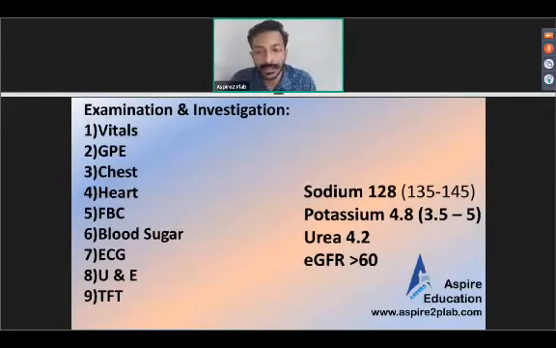Citalopram causing hyponatremia, the cause might be SIADH. I'm saying the cause might be SIADH. But only on the basis of the investigation findings we have at the moment, we cannot make a diagnosis of SIADH. But if the patient is taking citalopram and is having hyponatremia, the most probable cause is SIADH.